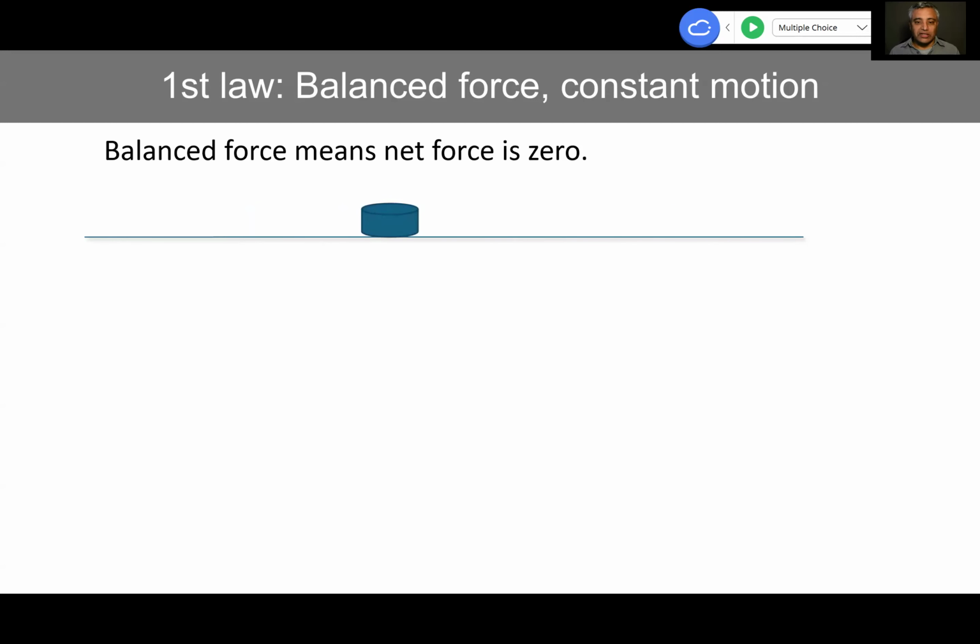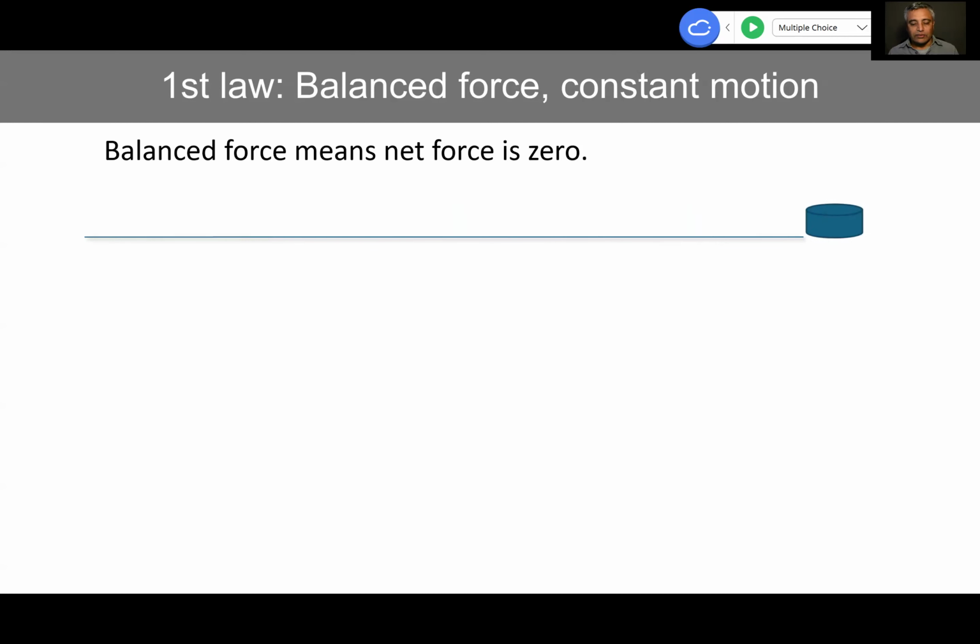So what did we learn? To keep an object moving in the same direction, we don't need a force. If it's already moving, it keeps moving all the time. Okay, so don't forget that. Convince yourself why, and that's why I gave you several examples.